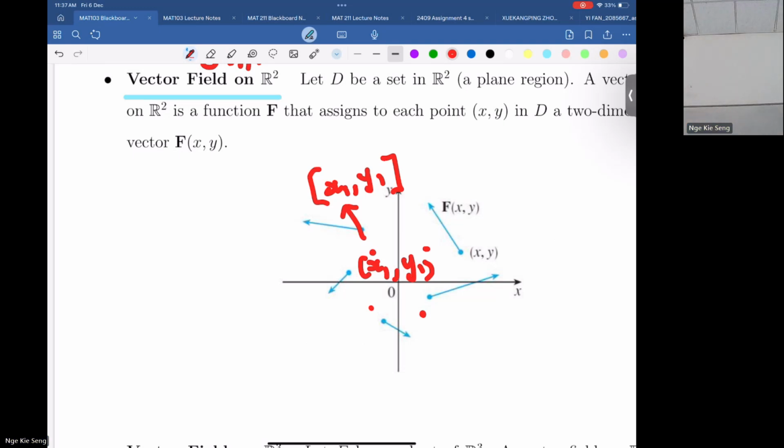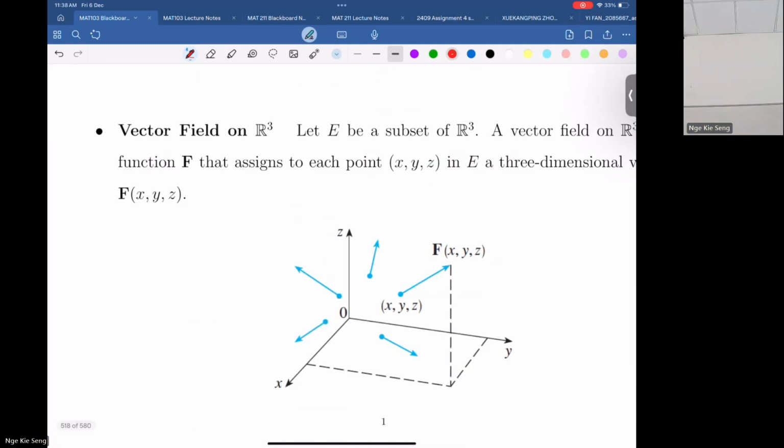The vector field you get is divergent, like a durian, where every spike points outward. Maybe it doesn't look like that in R2, but in R3 it looks more like it. If I just put the vector as the point, then every point has the vector going outward.